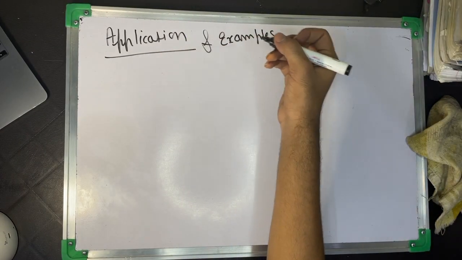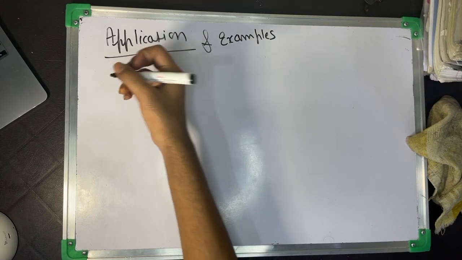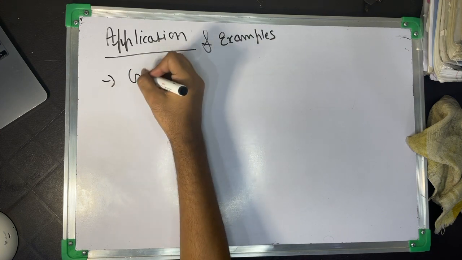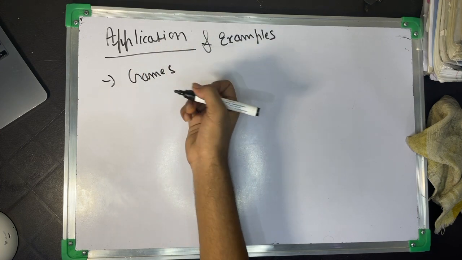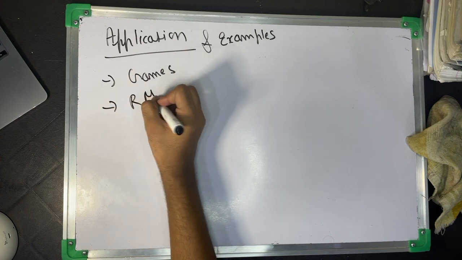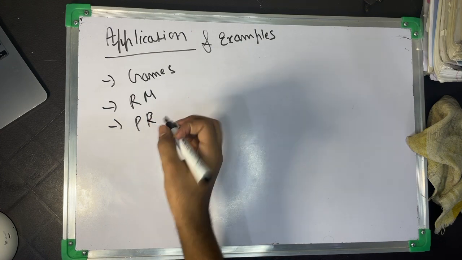There are many applications and examples of reinforcement learning. Let's see a few of them. We have games in which we use reinforcement learning. We have resources management and product recommendations.